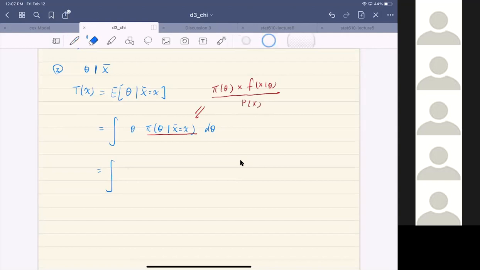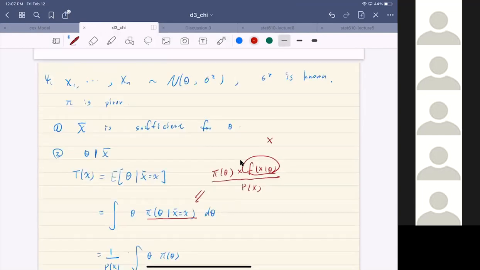So we may have this, and this equal to theta and pi of theta. This one, the distribution of S bar, follows normal theta, sigma square over n.